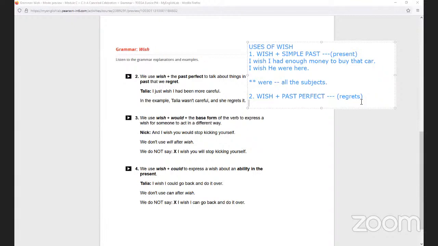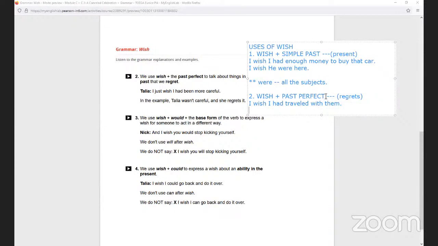Or maybe the opposite, something that in the past we did, and we are like, come on, I wish I hadn't done it, okay? So I regret. In this case, we're going to have this structure with past perfect. I could say, in the positive, for example, I wish I had traveled with them. What does it mean? That I didn't travel.